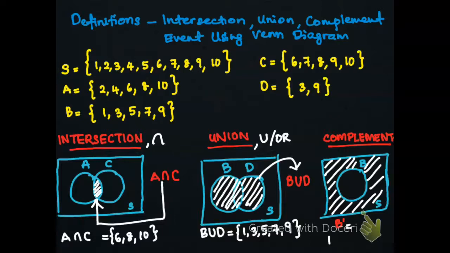You can also write it as B complement like this, or sometimes people write it as B bar. It doesn't matter, as long as the notation you use represents the complement. So the elements in the complement of B will be the even numbers 2, 4, 6, 8, 10.